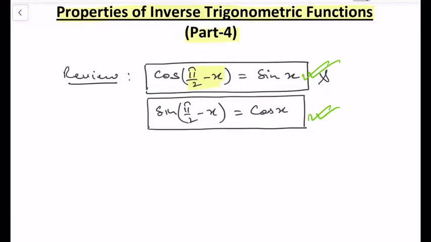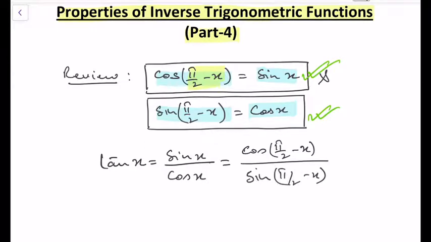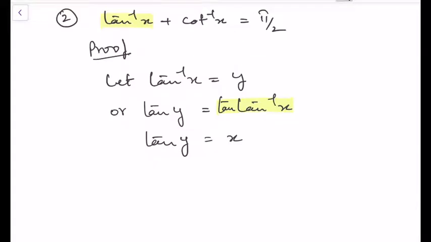Now tan x is sin x over cos x, and sin x is cos(pi/2 - x), and cos x is sin(pi/2 - x). So cos(pi/2 - x) over sin(pi/2 - x), which is cot(pi/2 - x). So tan x is equal to cot(pi/2 - x). So similarly, tan y will be cot(pi/2 - y). So cot(pi/2 - y) = x.